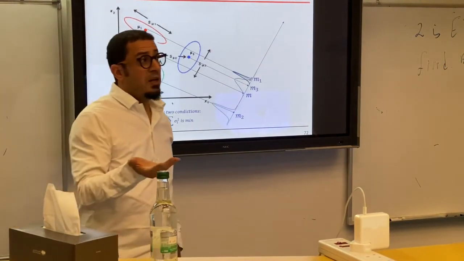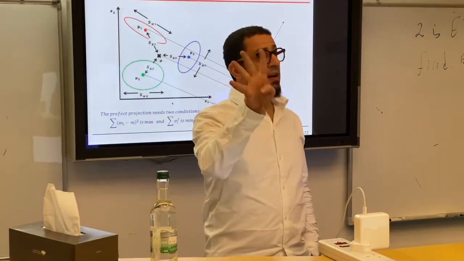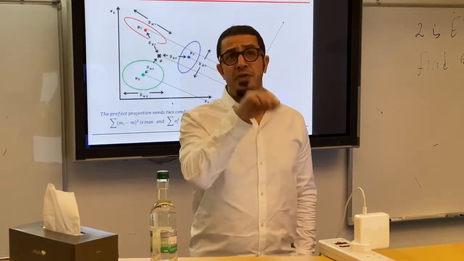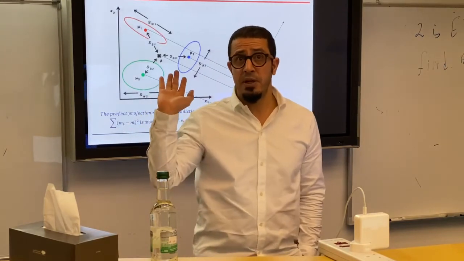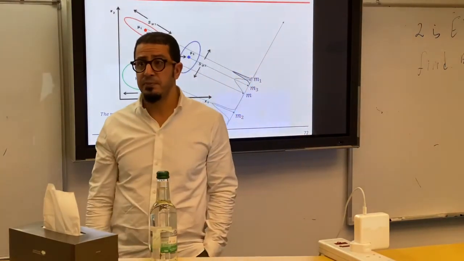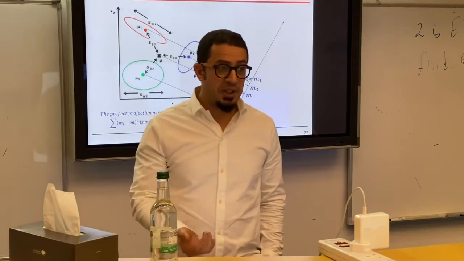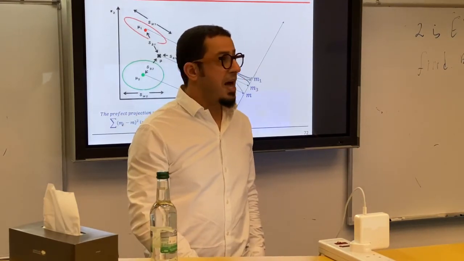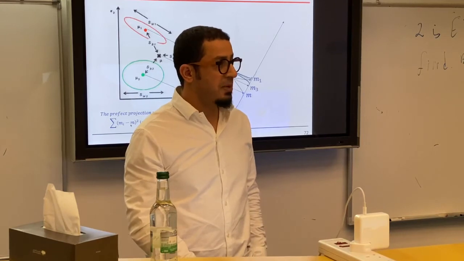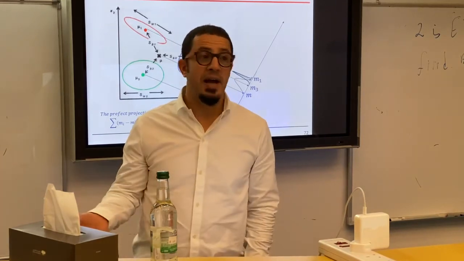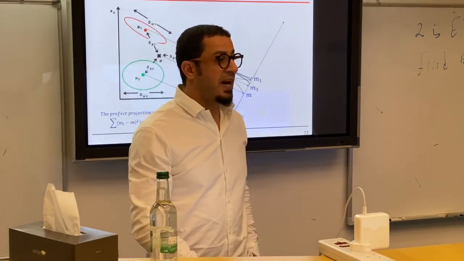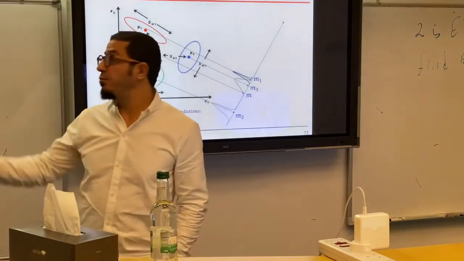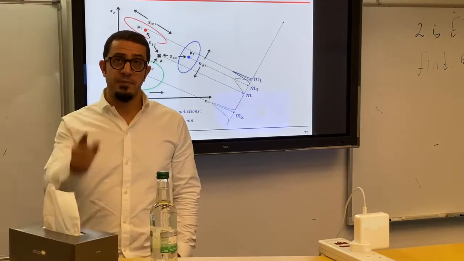The easy way, as we said, for M1, M2, M3, M4 to be far from each other, the variance of the means should be bigger. As simple as that. Clear? So what does that mean? We need the total mean here. Mi minus the total mean squared should be a maximum, and the variance for each class should be a minimum. And we do the ratio again. Isn't it the same?